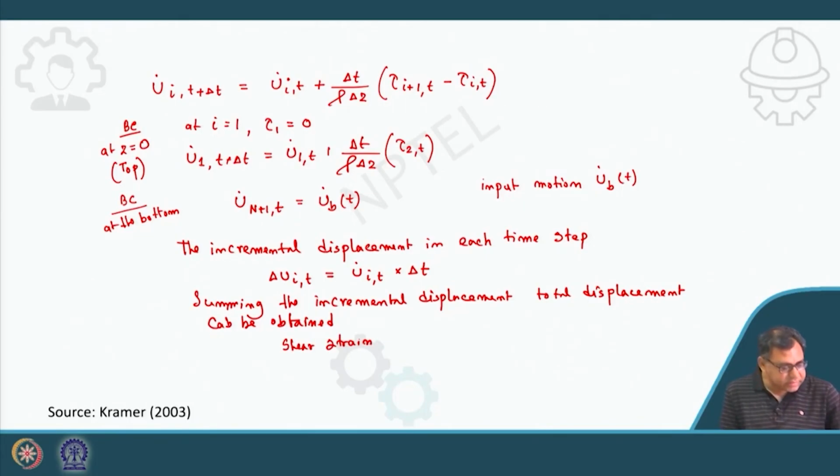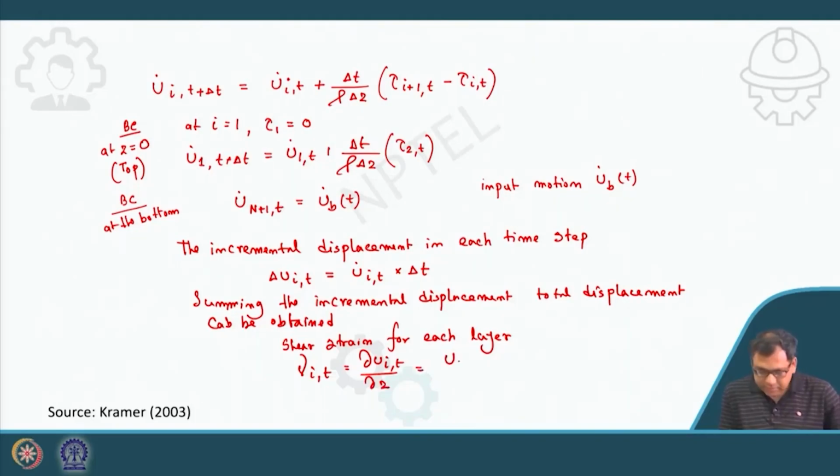How will I get the shear strain for each layer? The shear strain at i, t will be equal to del u i at t by del z, that is u i plus 1 at t minus u i at t divided by del z.